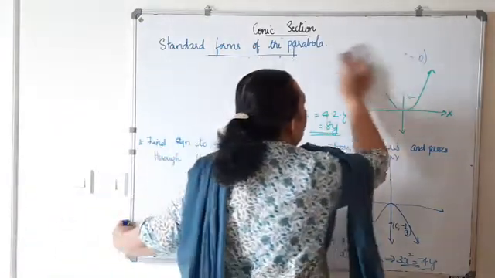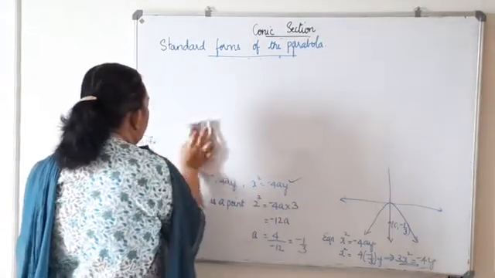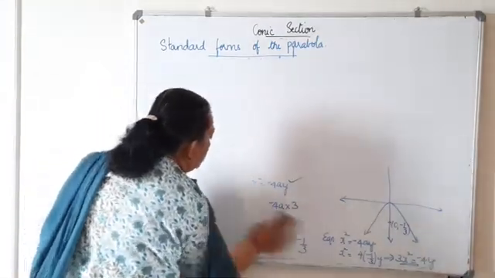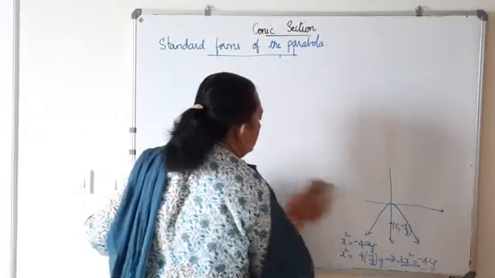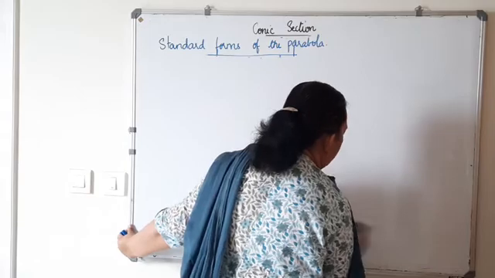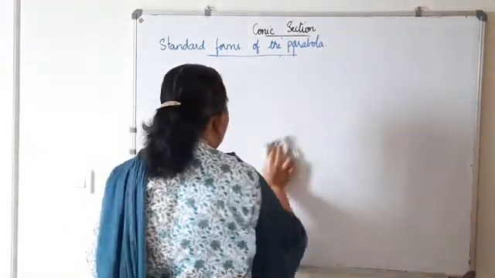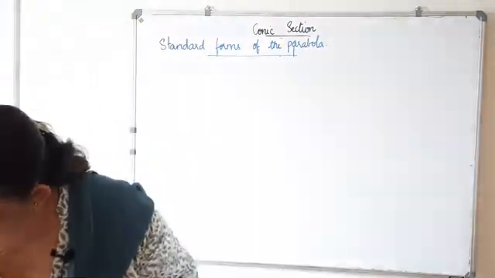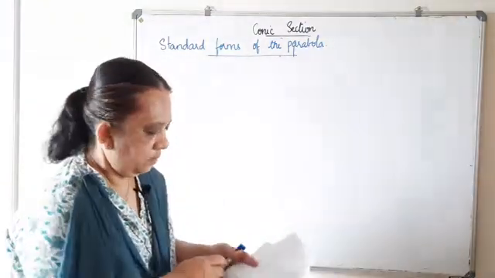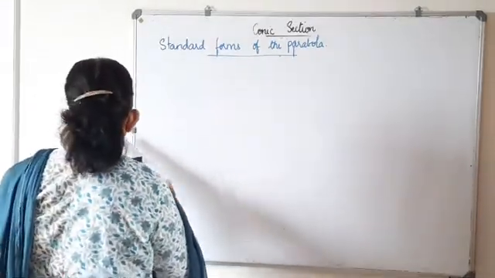Next one is. Equation is given to you. X squared is equal to minus 16y.